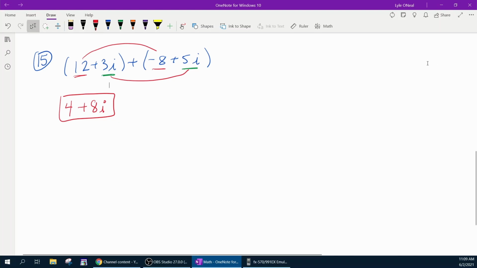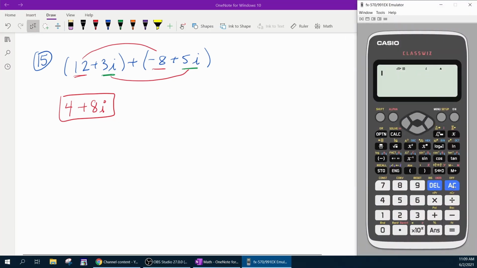And I've got some more good news for you. The Casio ClassWiz can do this as well. Now that we're in complex mode, remember that is menu and option 2, we can simply type this problem in as 12 plus 3. Now to get the i, that's going to be the ENG button.